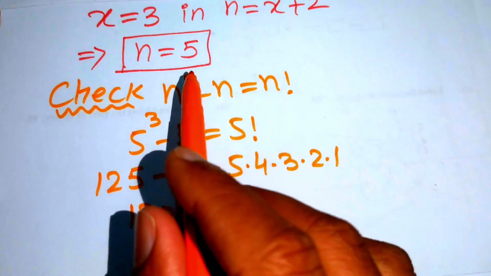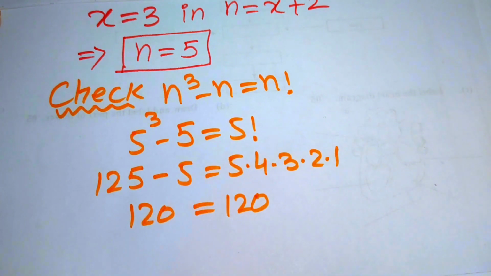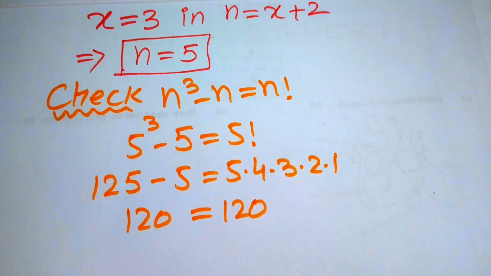So this shows that n equals 5 satisfies the given equation. So n equals 5 is the only solution of this problem.